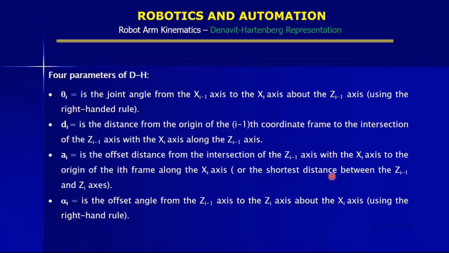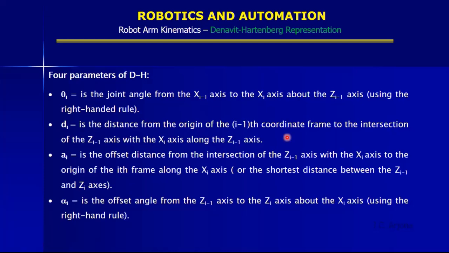So defining the 4 parameters of DH, our theta I is the joint angle from xi minus 1 axis to the xi axis about the zi minus 1 axis using the right-handed rule. DI is defined as the distance from the origin of the I minus 1 coordinate frame to the intersection of the zi minus 1 axis with the xi axis along the zi minus 1 axis.